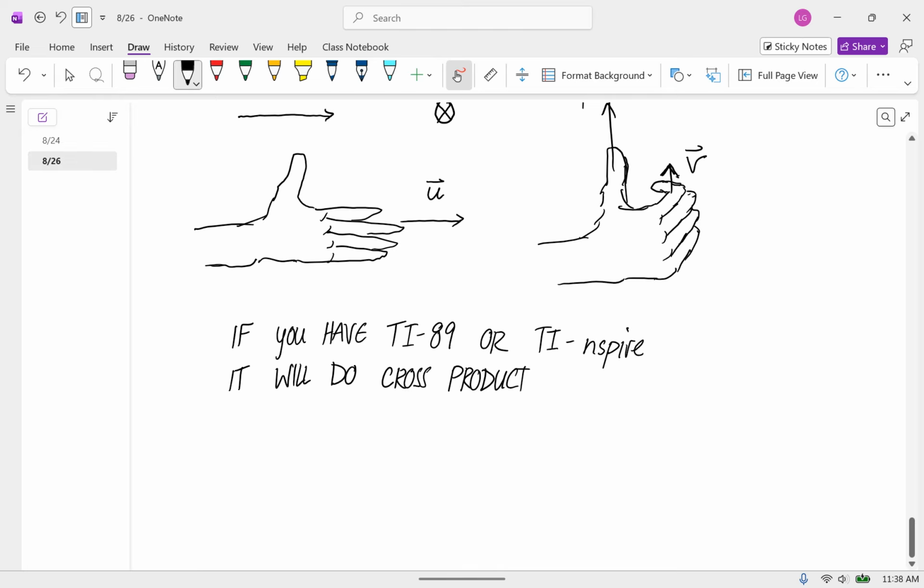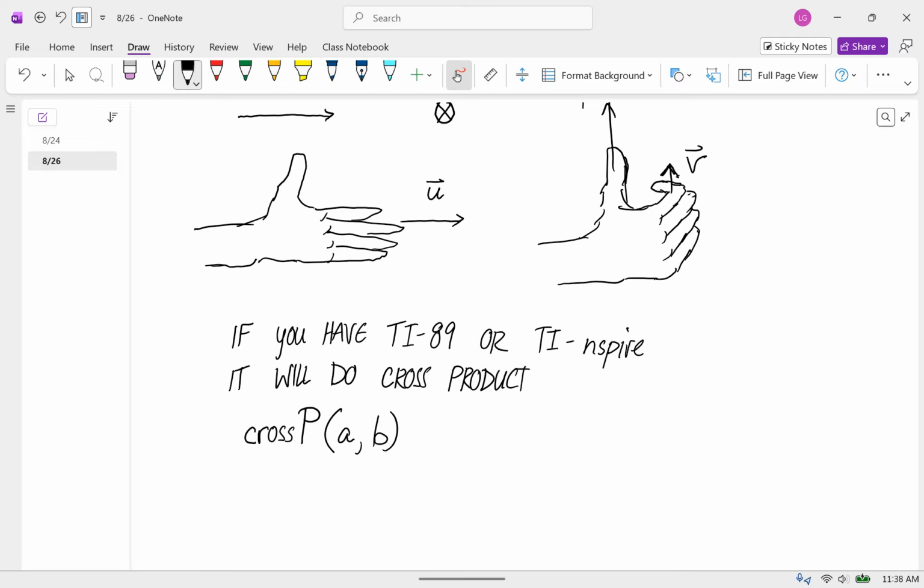The notation looks like this: lowercase cross, then a capital P, pretty much the same notation as for the dot product, and then put in your two vectors in order, whatever they are. If you have a different TI calculator, it only takes 5 minutes or less to program the cross product, and it's probably worth doing. So just come talk to me about that.